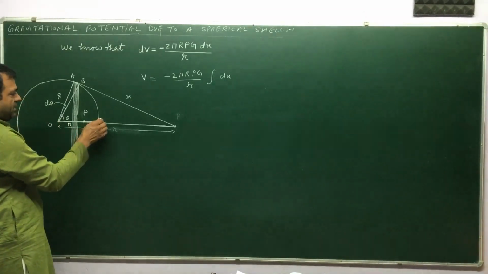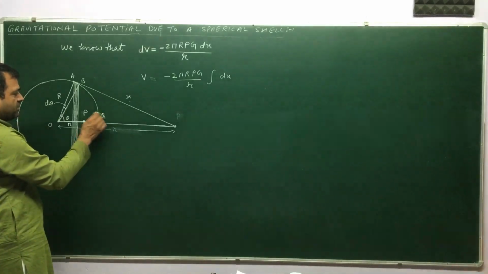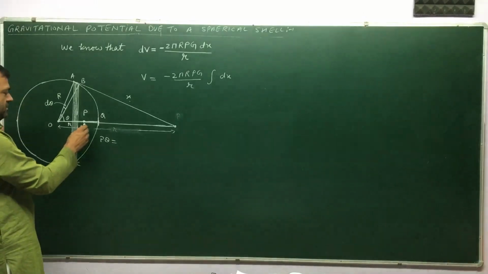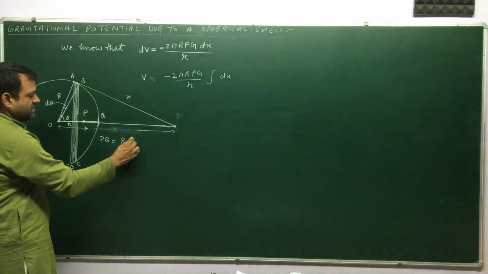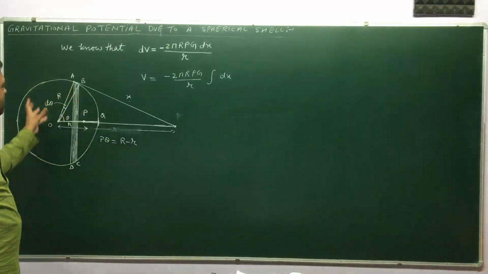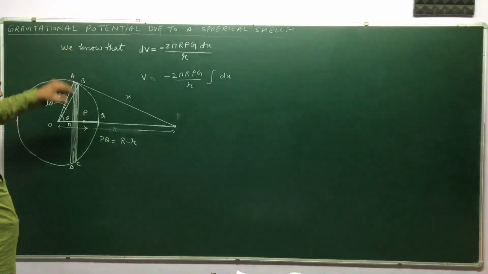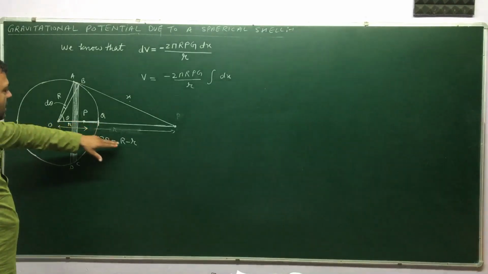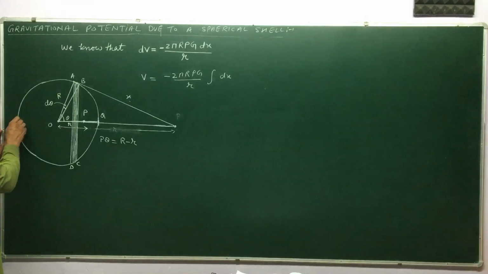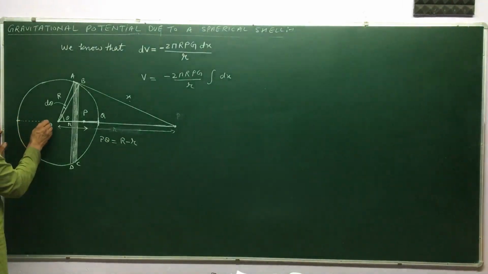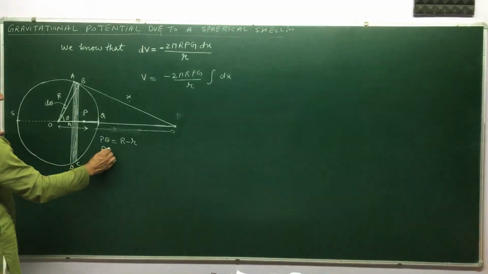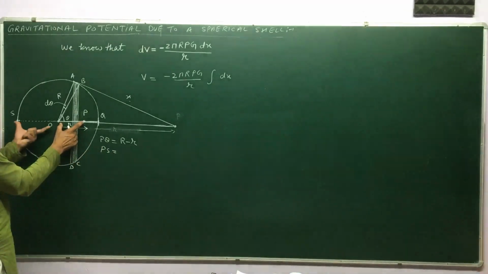So let this point be Q, then PQ here is R minus r. So our first disk which we have to consider for calculating the gravitational potential lies at R minus r distance from this point P, and the last disk will lie at this point. From P to this point, say this is S, PS is this one plus this one.